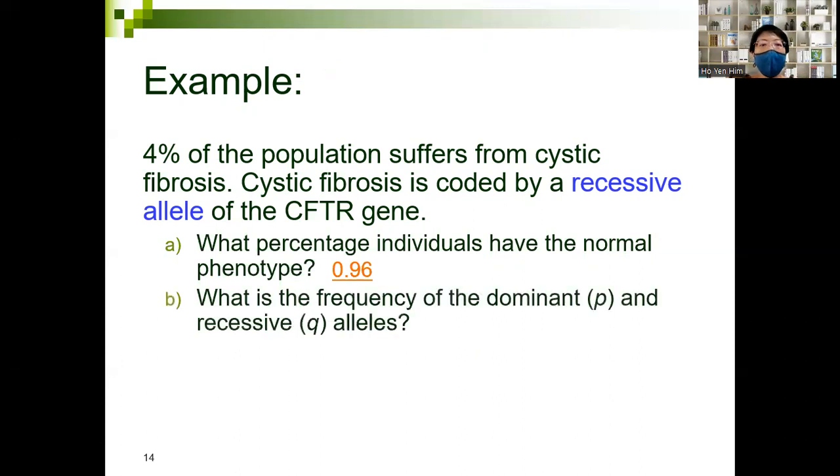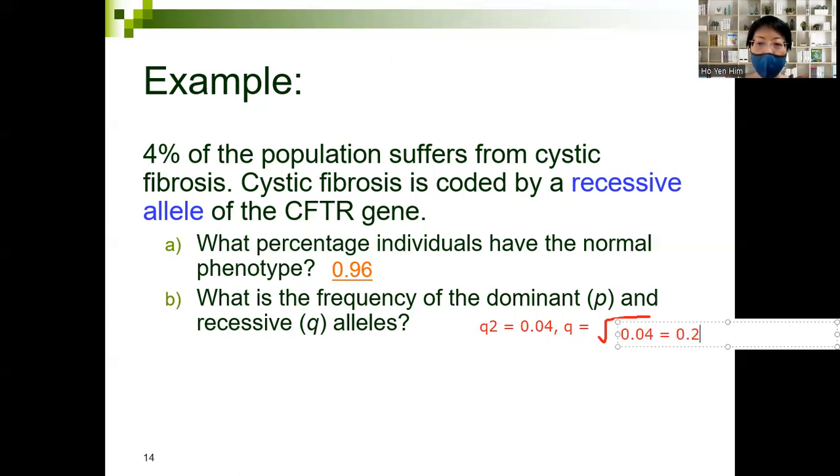Next question. What is the frequency of the dominant and recessive alleles in this population? Can you do it or not? Q square is 0.04, so Q equals the square root of 0.04, which is 0.2. Right?